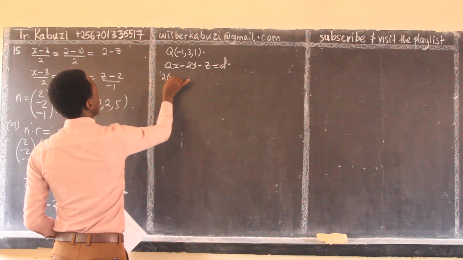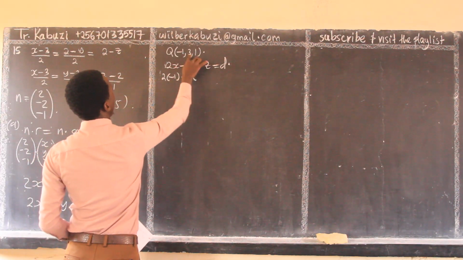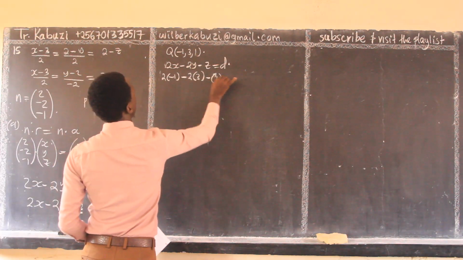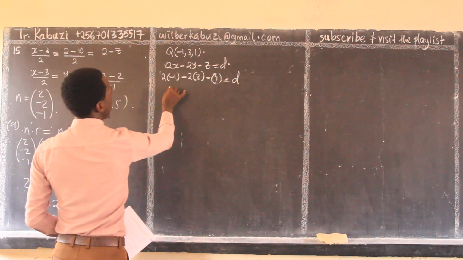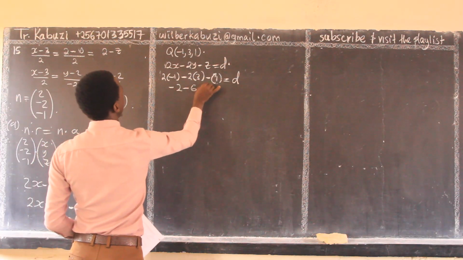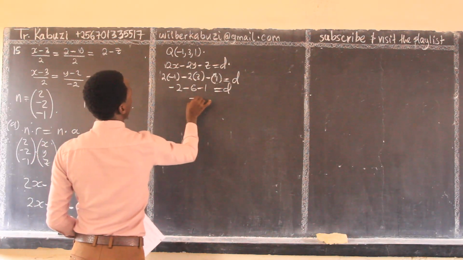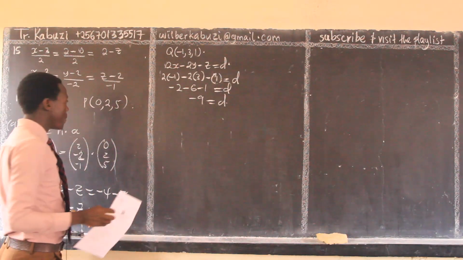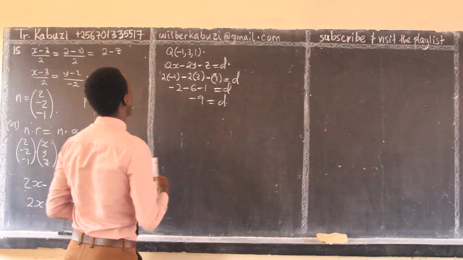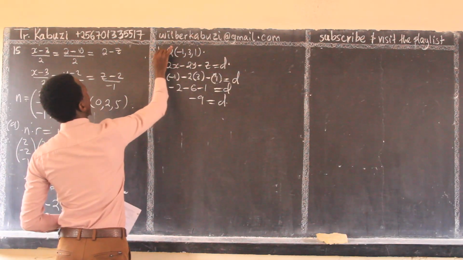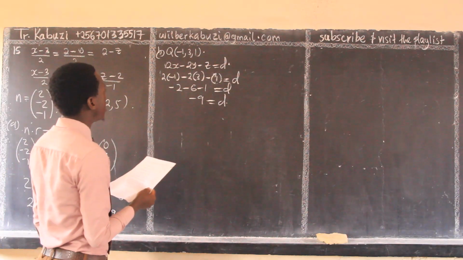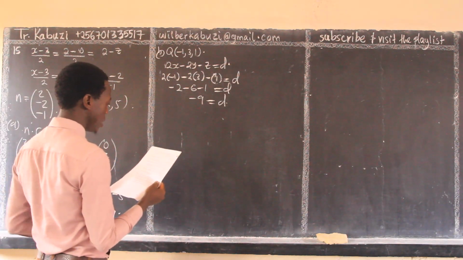So 2 times negative 1, the y is 3, our z is 1. So this would be negative 2 minus 6 minus 1 equals d, which would be negative 9. See that this d is the same as this, hence this point lies on the plane. So that's how we had to show that.